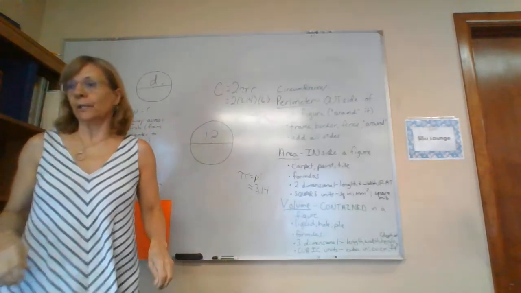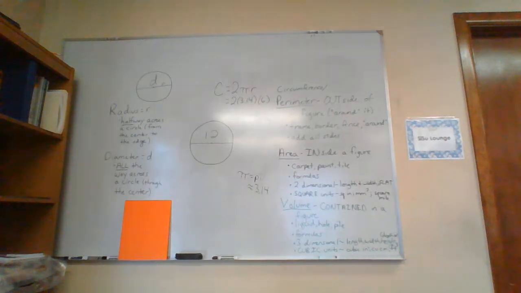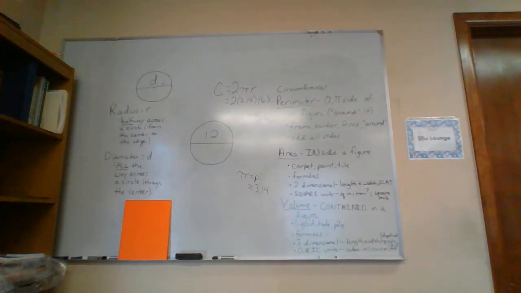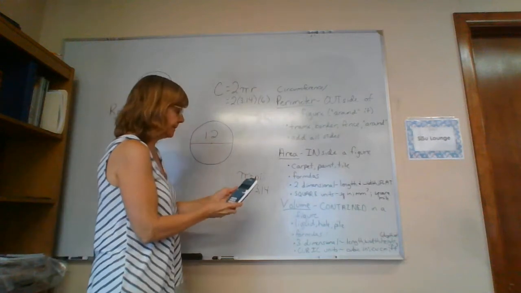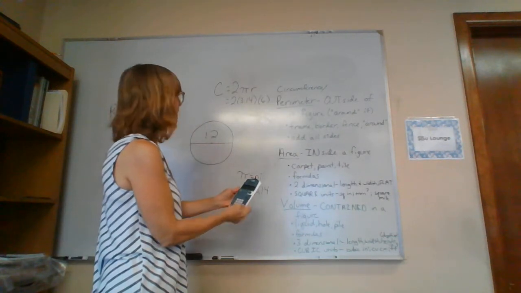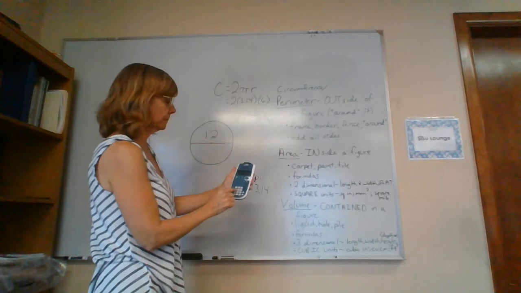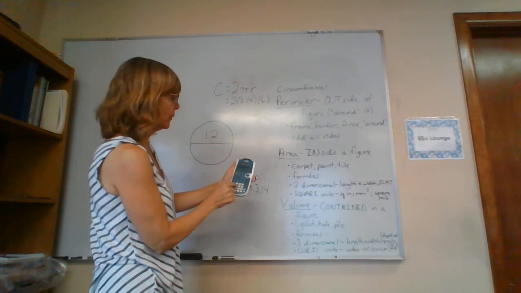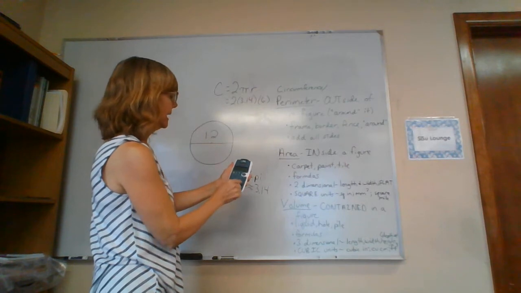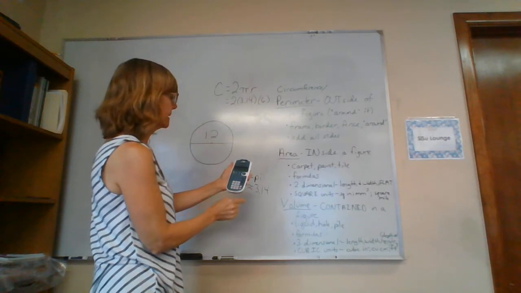So then this is a calculator problem right here from here on. Let me grab my calculator. So I would solve this. I would do 2 times 3.14, there's my decimal point, times 6.